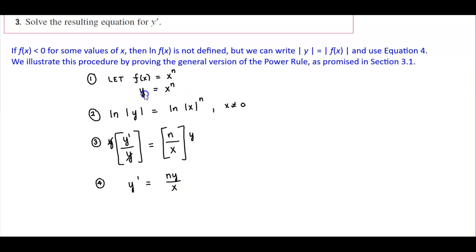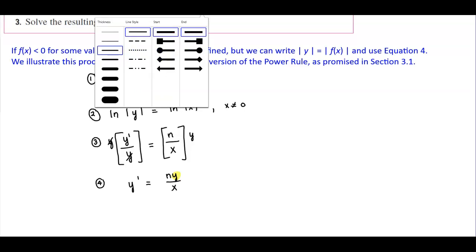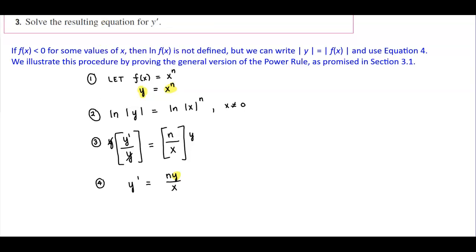So let's go back to what y was equal to. We know that y is equal to x to the n. So we're going to replace y with x to the n. So we have y prime equal to n times x to the n over x.